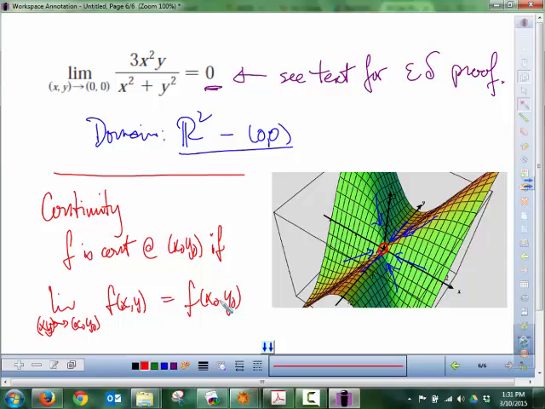Okay. So in this case, and in the book as well, they talk about defining something in here where you would check. In this particular scenario, it's not continuous at 0, 0 because it's not defined there. Okay.